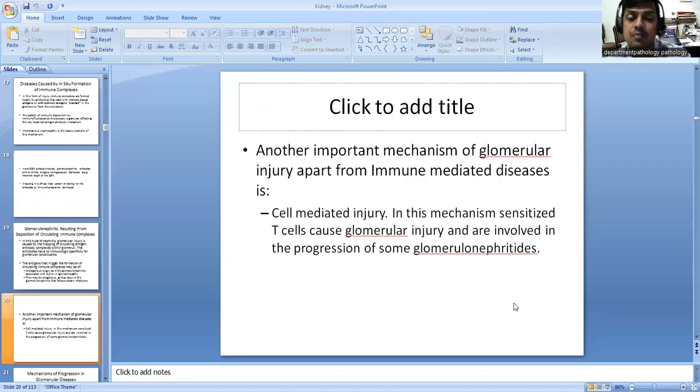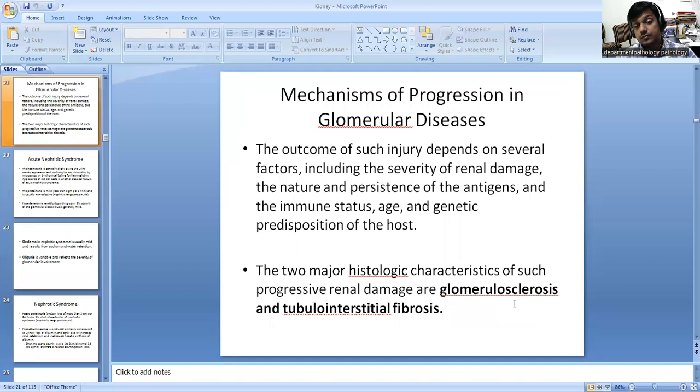Another important mechanism of glomerular injury apart from immune-mediated diseases is cell-mediated injury. In this mechanism, sensitized T cells cause glomerular injury and are involved in the progression of some glomerulonephritis. Mechanisms of progression in glomerular diseases.